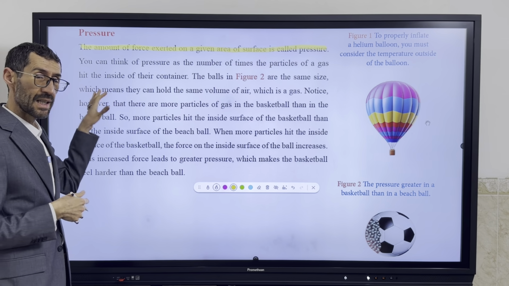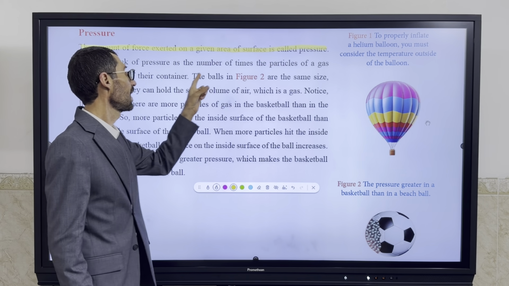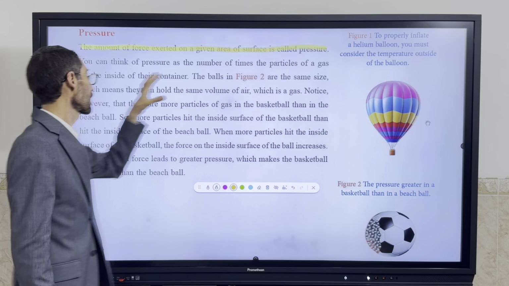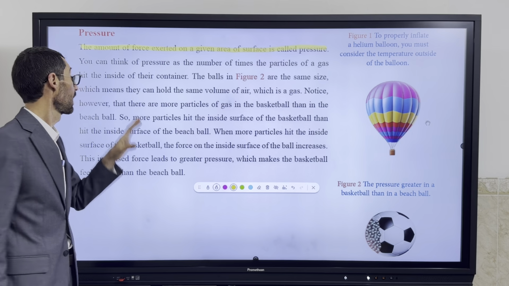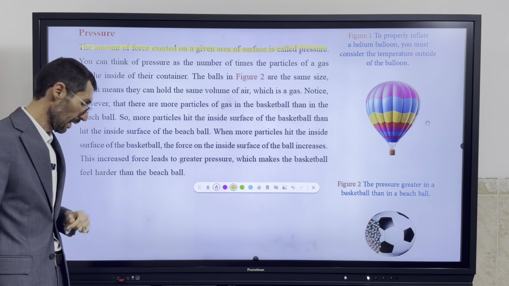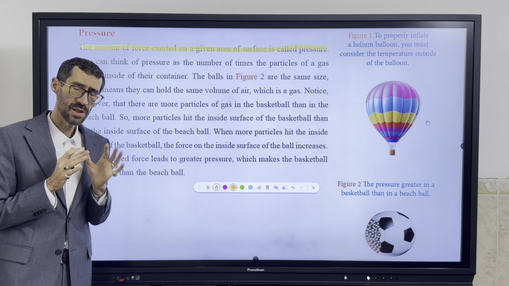Let's get back to the text and keep going with the reading. You can think of pressure as the number of times that the particles of a gas hit inside the container. So this is the origin of pressure. Where does pressure come from?